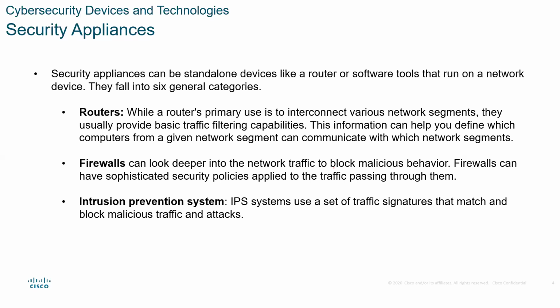Firewall can look deeper into the network traffic to block malicious behavior. Firewalls can have sophisticated security policies applied to the traffic passing through them. And then intrusion prevention system. IPS systems use a set of traffic signatures that match and block malicious traffic.